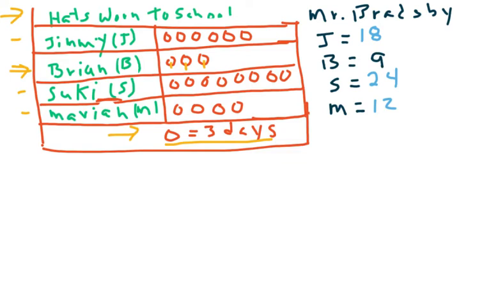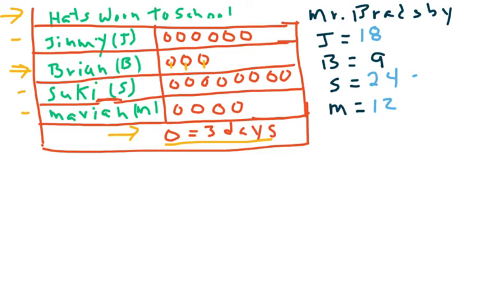Jimmy, 1, 2, 3, 4, 5, 6 hats, each 3 days would be 18 days. Suki has 1, 2, 3, 4, 5, 6, 7, 8 hats there. 8 hats, each one 3 days, so that would be 24 days she wore a hat.